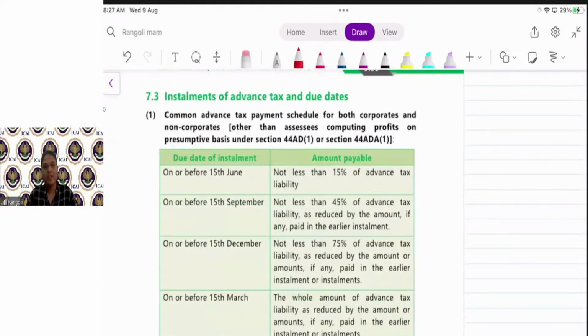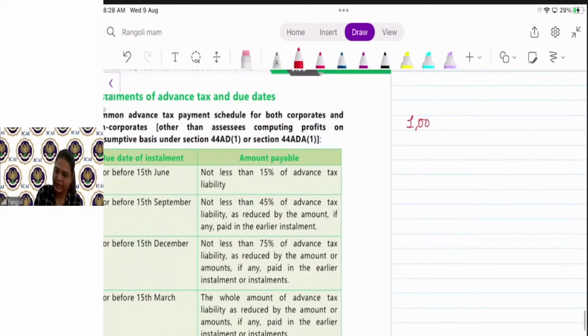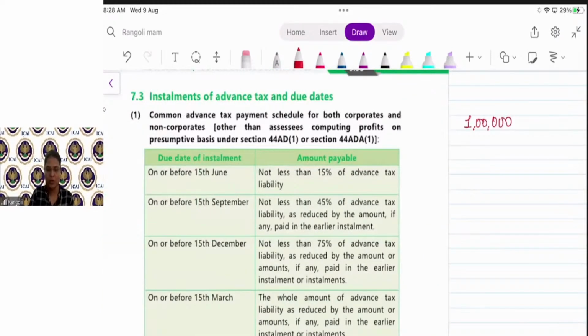Now, the due date for payment of advance tax. Say for example, my tax liability comes to 1 lakh rupees after deducting TDS and everything. Advance tax is required to be paid quarterly, that is on or before 15 June, 15 September, 15 December, and 15 March.